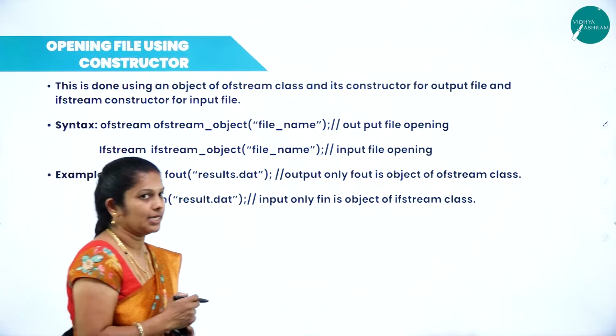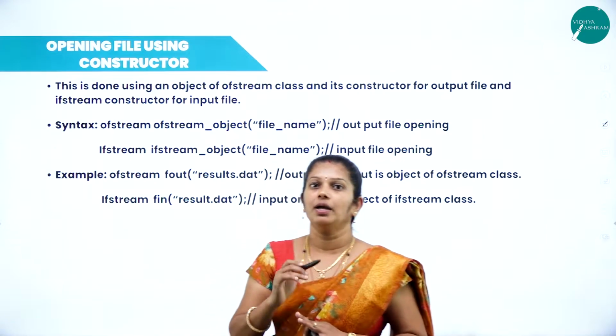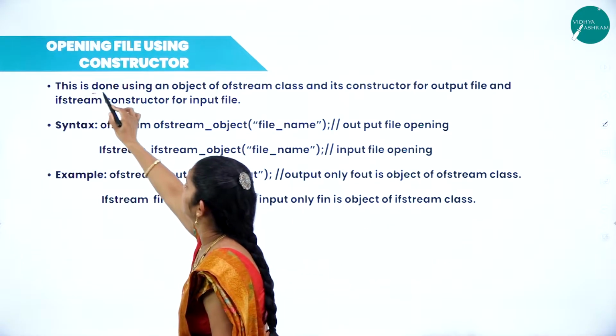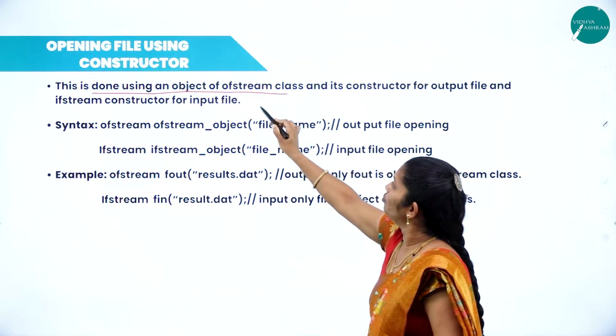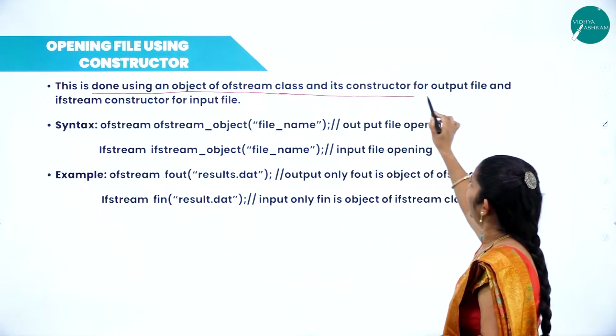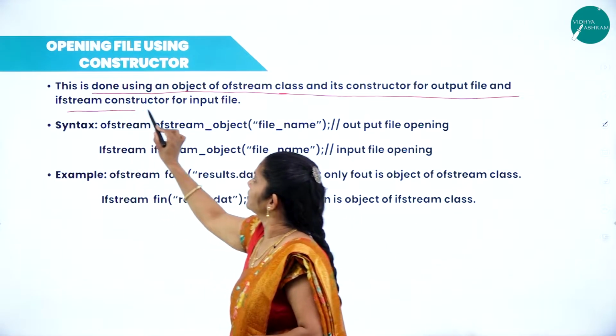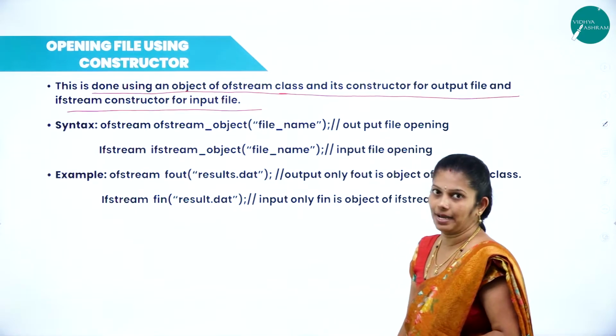Now, one by one we'll discuss. If I want to open the file by using the constructor method, this is done using an object of the ofstream class, whose constructor is for the output file, and the ifstream constructor for the input file.